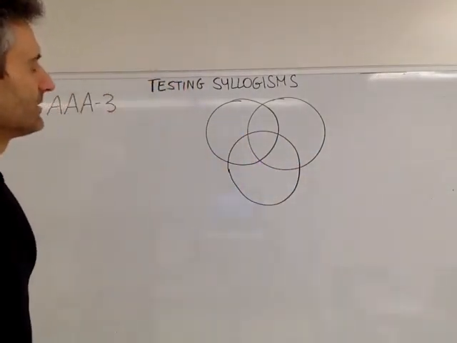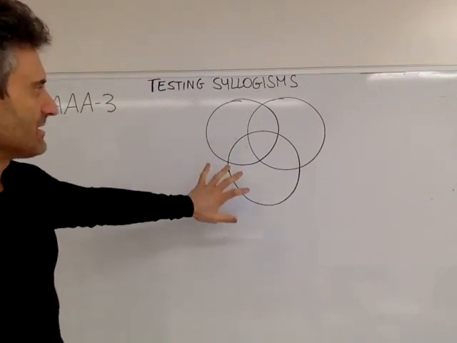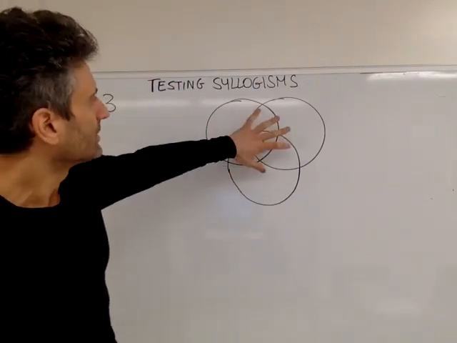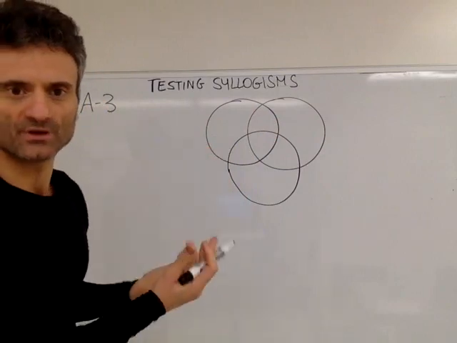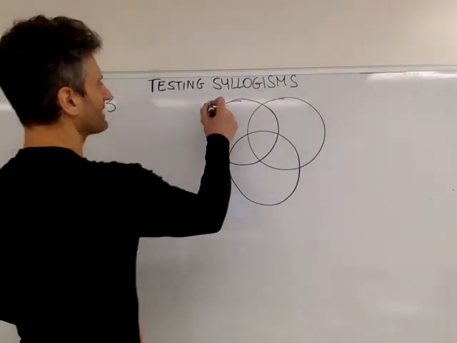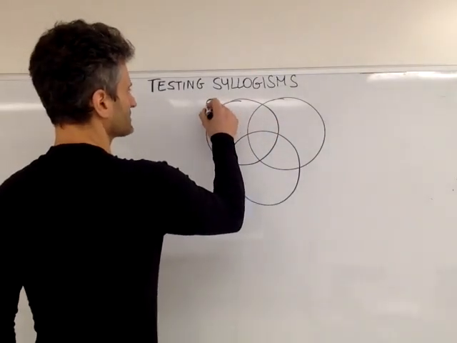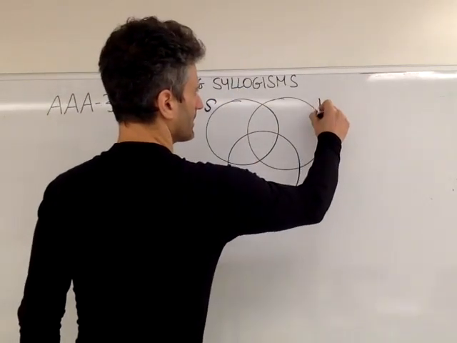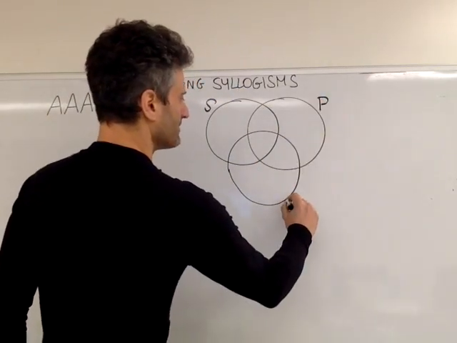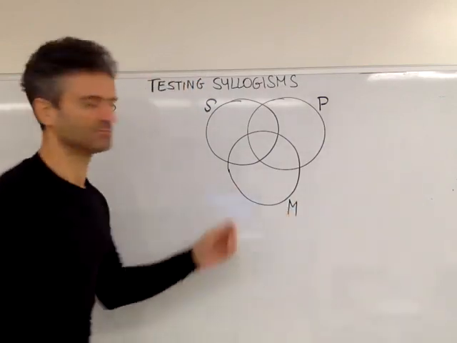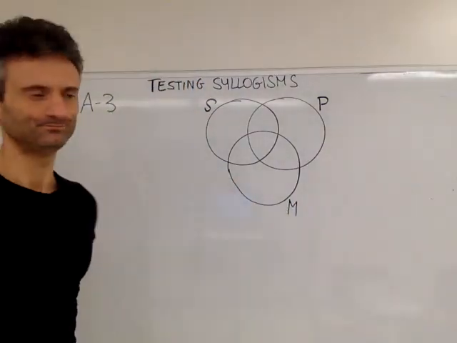Okay, this is better. You see? In this way, you connect all 3 terms. So I like to call this subject, this predicate, and the middle term is going to be the one on the bottom.